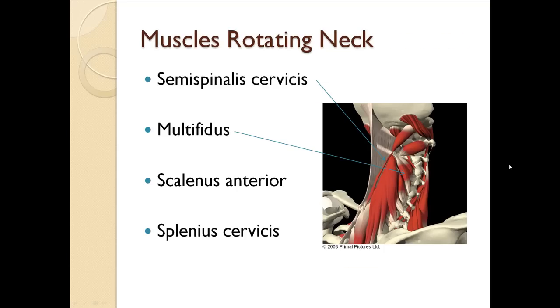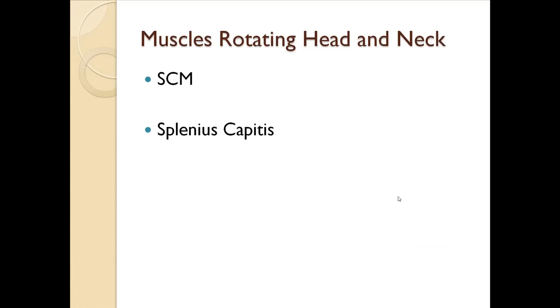Muscles which produce rotation of the neck include the semispinalis portion of erector spinae here, that will produce a bit of rotation. Multifidus, these facets of multifidus here will assist with rotation. Scalenus anterior and splenius cervicis will also produce rotation, as does sternocleidomastoid, although sternocleidomastoid tends to rotate the head on the neck rather than the neck itself.